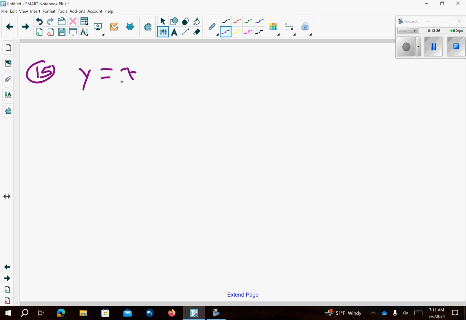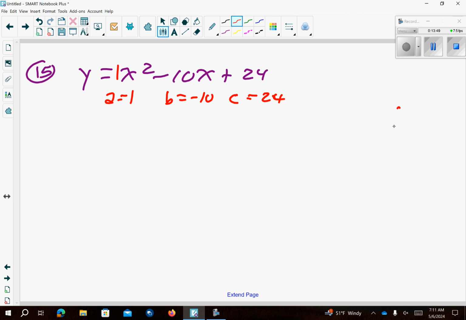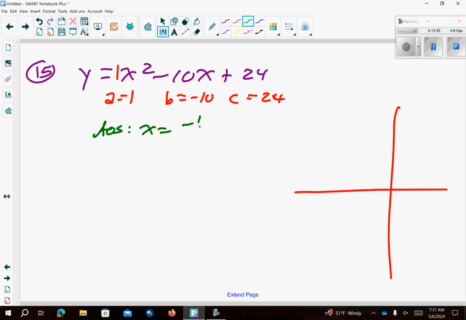y equals x squared minus 10x plus 24. So my a value is 1, my b value is negative 10, my c value is 24. Axis of symmetry is x equals negative b over 2a, which is negative negative 10 over 2 times 1.